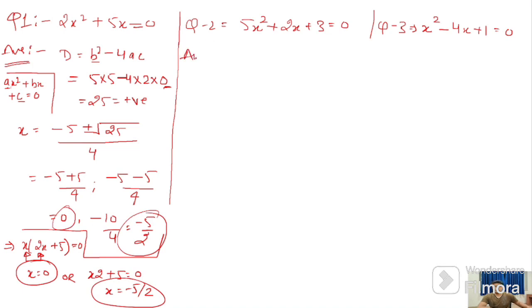Moving to the second question. Try to solve it. I think you have already solved this question, so let's find the answer.